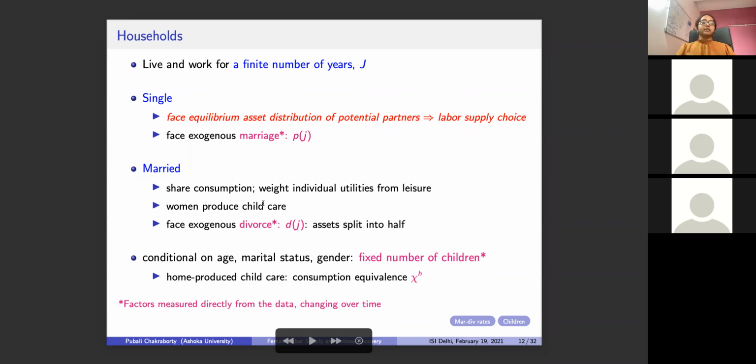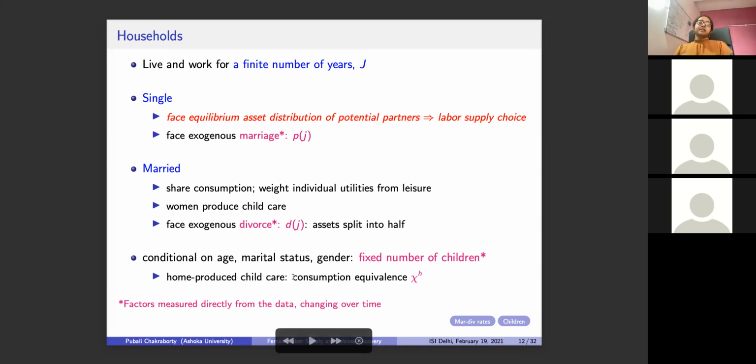Now, this may seem like an extreme assumption, that I do not allow men to supply labor endogenously, but based on time use studies, it has been seen that there is a big asymmetry in the time spent by men and women in a married household, taking care of household activities and children. So this is an assumption that I make. And married households face exogenous divorce shocks, which is again something that I can see from the data. In the event of a divorce, the assets are just split in half.